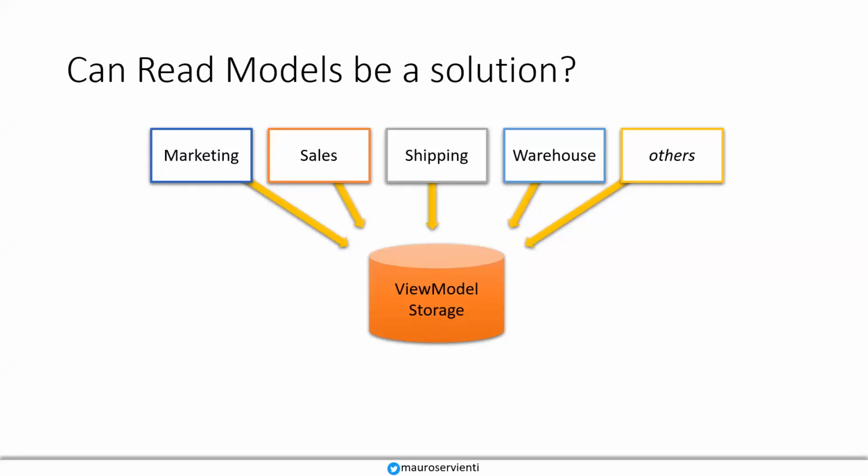Lots of people use Elasticsearch to achieve this kind of solution, and then have the shopping cart built into this view model storage, or have the product page built into this view model storage. So whenever something changes in sales, sales take care of updating the view model storage. Whenever something changes in marketing, marketing will update the view model storage, and so on and so on and so on.